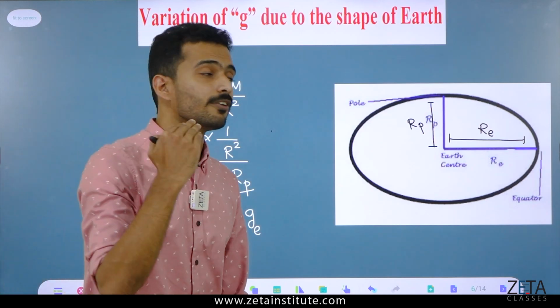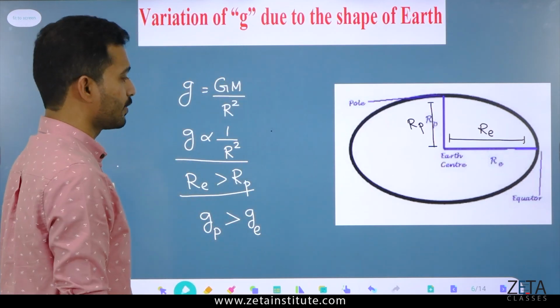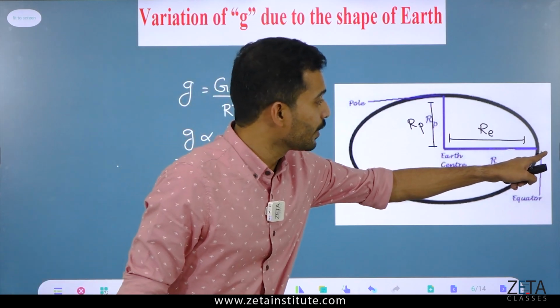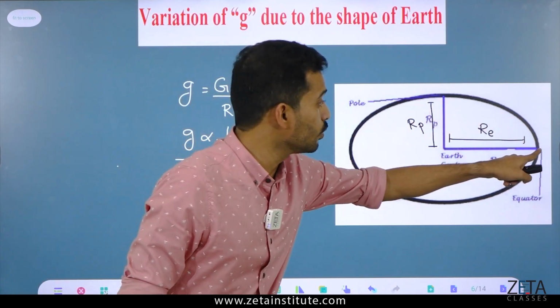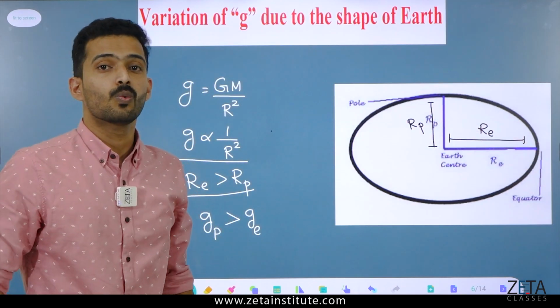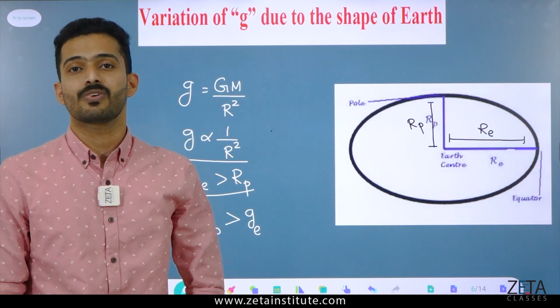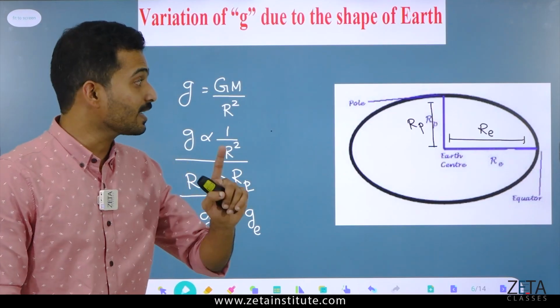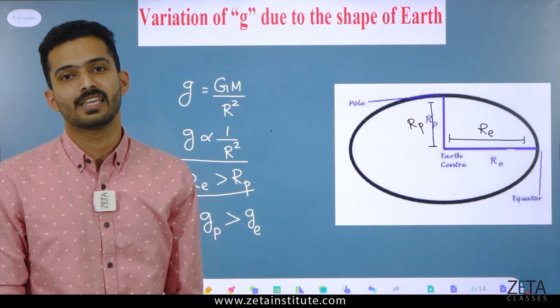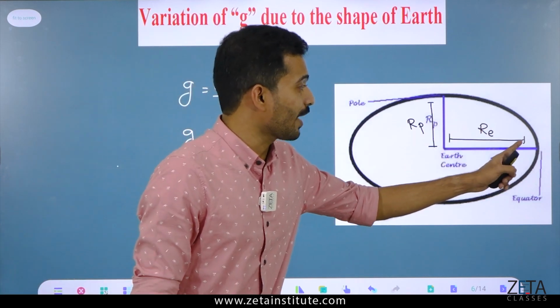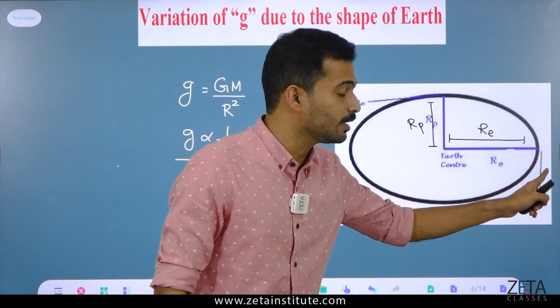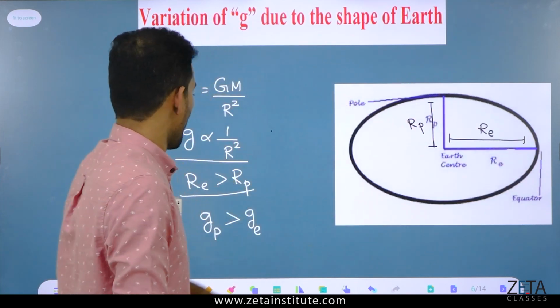So on the surface of the earth, when we move from equator to pole, what happens to the value of acceleration due to gravity? Acceleration due to gravity increases, because the value of acceleration due to gravity is minimum at equator and maximum at pole.